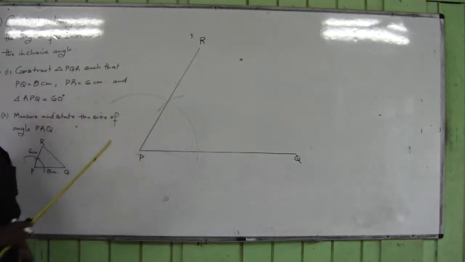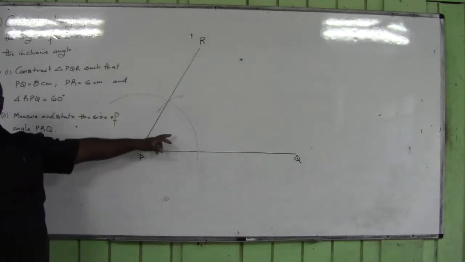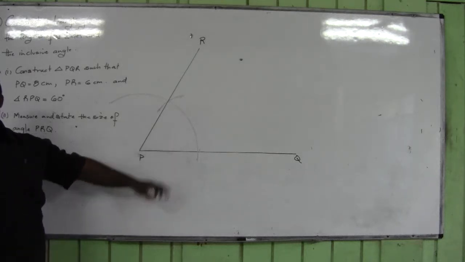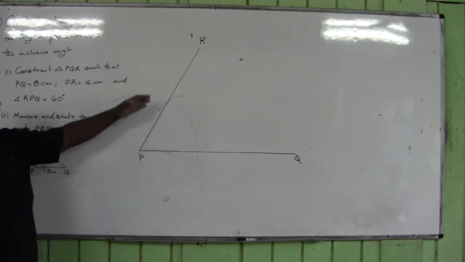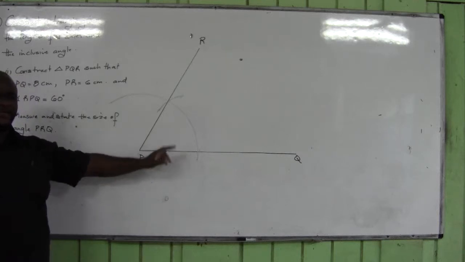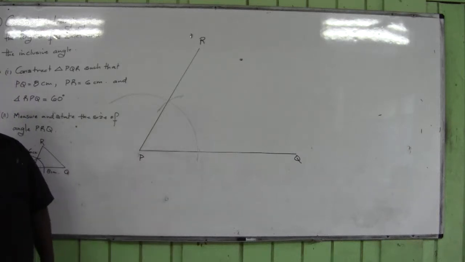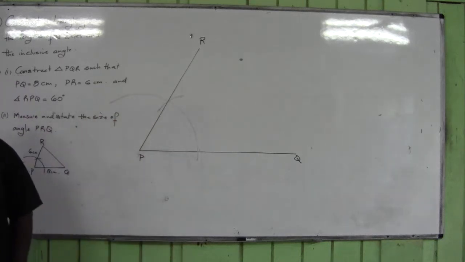PR is 6 centimeters. PQ is 8 centimeters. And the angle between them is how much? 60 degrees. So essentially what I have are the lengths of two sides and the inclusive angle.